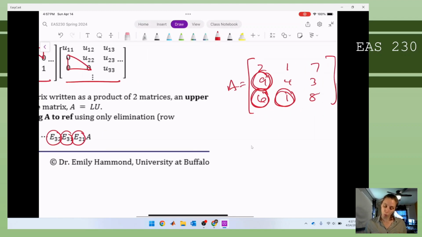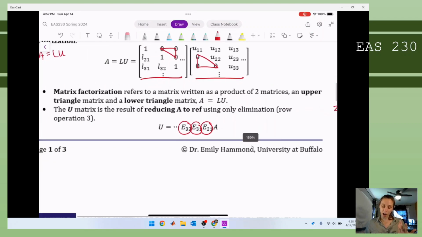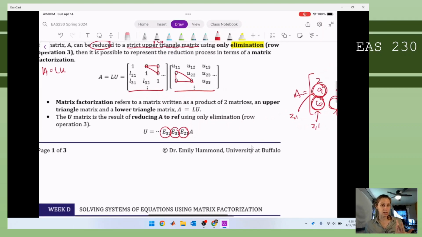Where E21 is to make this one a 0, 2, 1. This one is E31 to make that one a 0. And this one, 3, 2, to make that one a 0. Which means that REF can be represented as A times 3 elimination matrices, times 3 elimination steps.